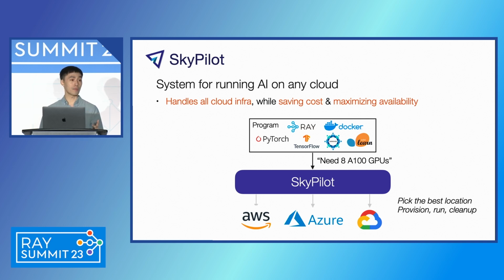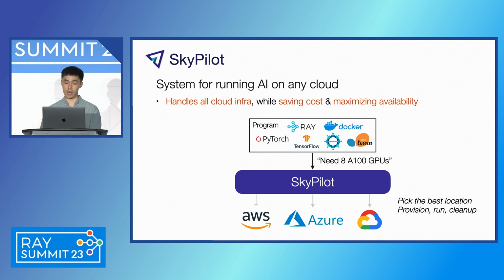The resource requirement can be a high-level description, like the number or the type of GPUs. And we make no assumptions or restrictions about the program. So given this request, SkyPilot will figure out the best location, meaning the cheapest and the most available location to run the task. It will go ahead to provision a cluster, run the task in the cluster, and then finally automatically clean it up.